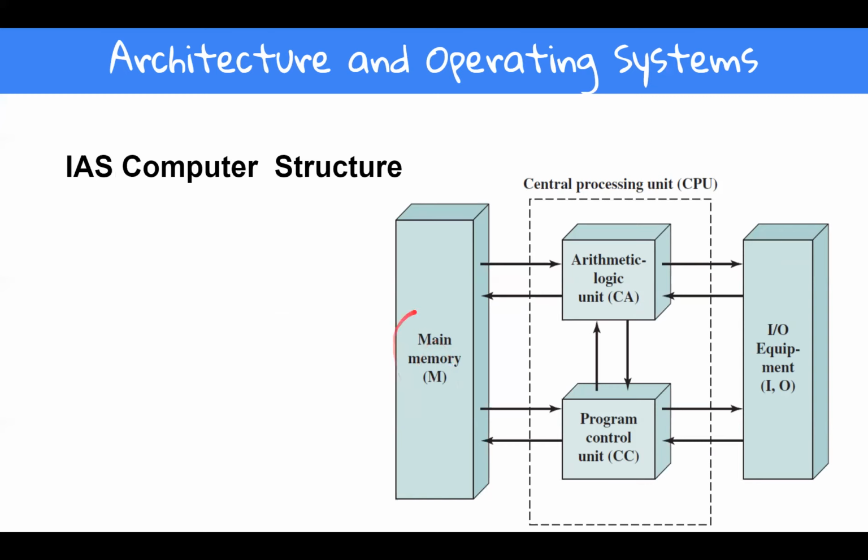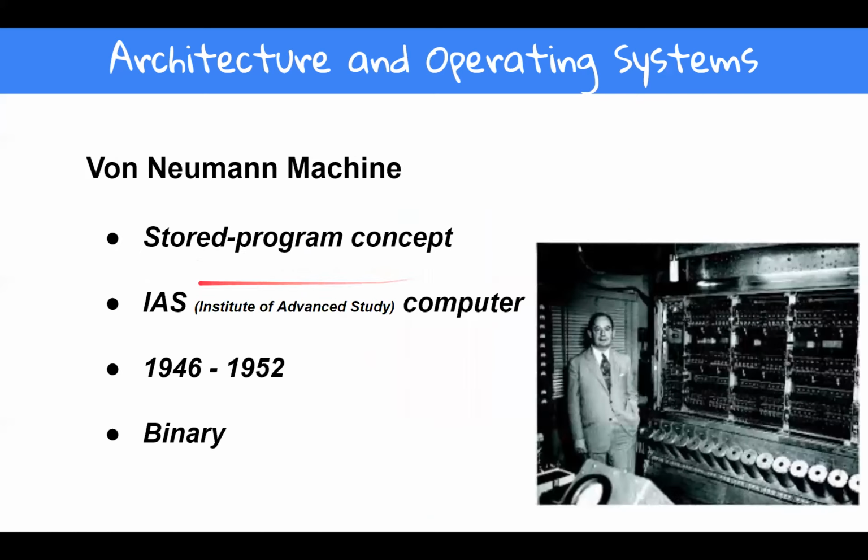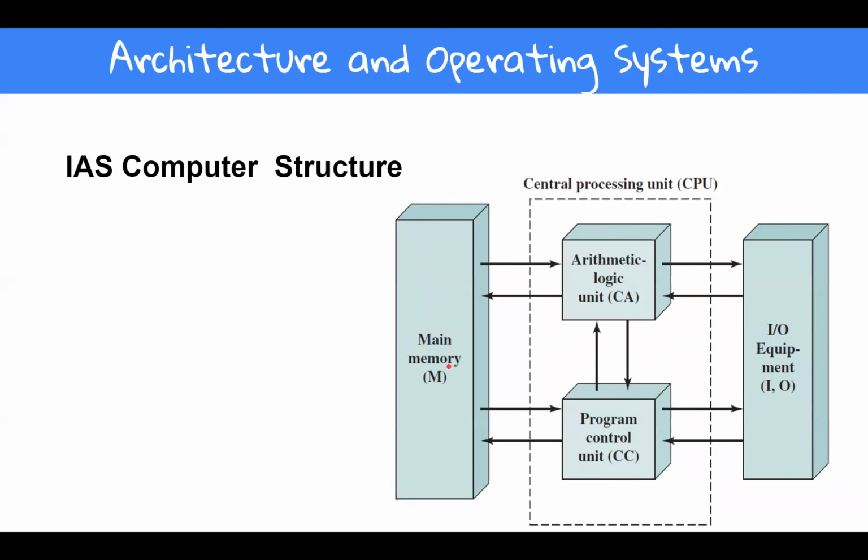A main memory stores both the program or instructions and the data. We have this main memory to store both data and programs. Because of that, this is called the stored program concept. It means that when you write a code, for example x equals y plus z, the machine will translate that as an instruction and put it inside the memory.